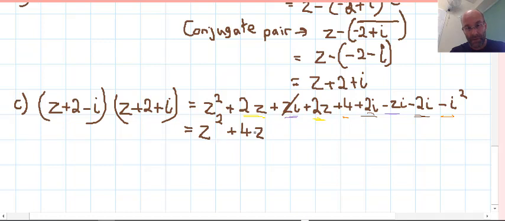These cancel, and I've put the z squared and the two 2z's together to make 4z. We've got these two cancel. We've got a 4 and an i squared. The i squared is negative 1, so we've got minus negative 1, which is plus 1, so that's 5.